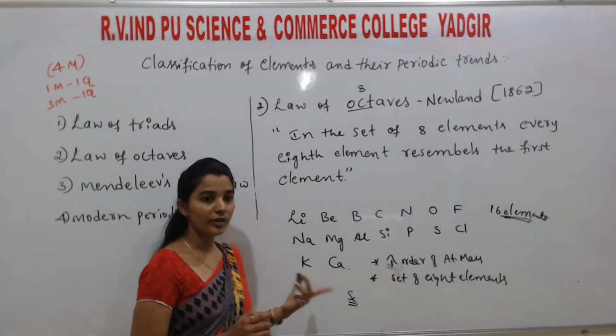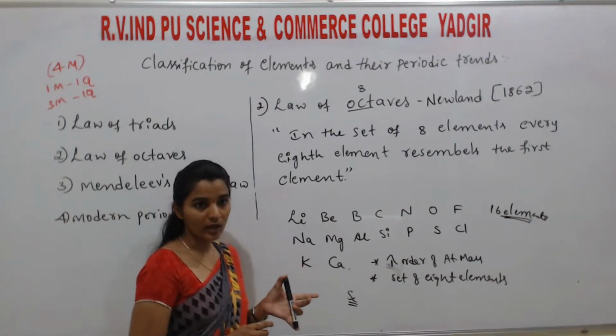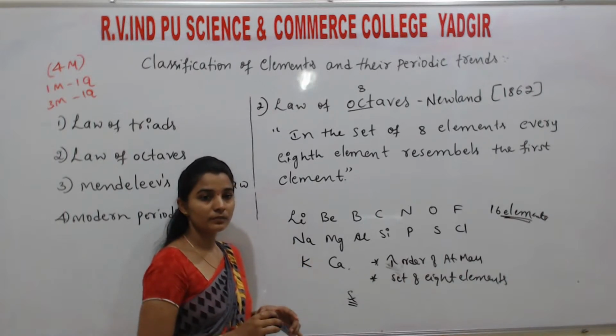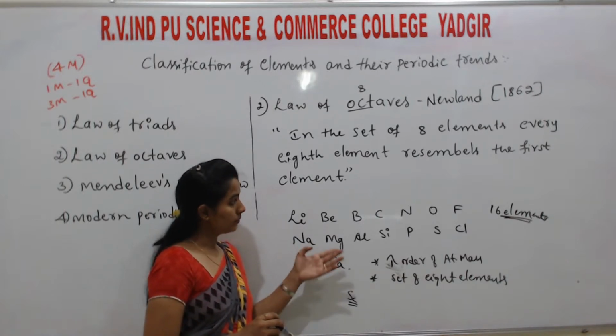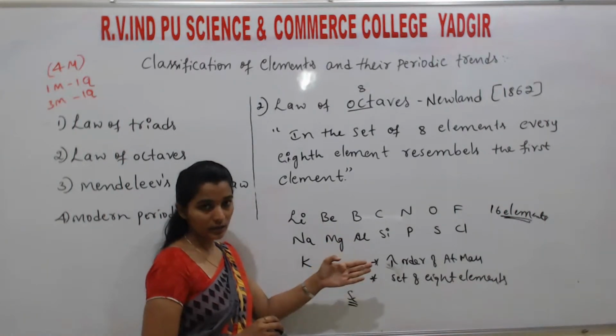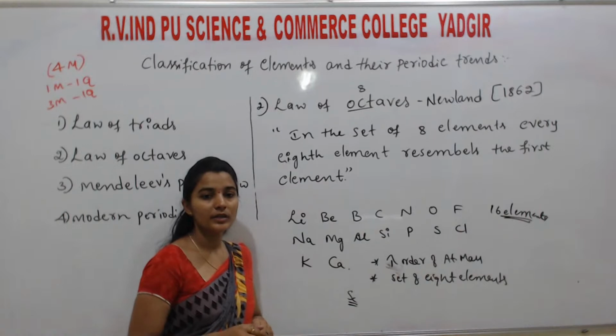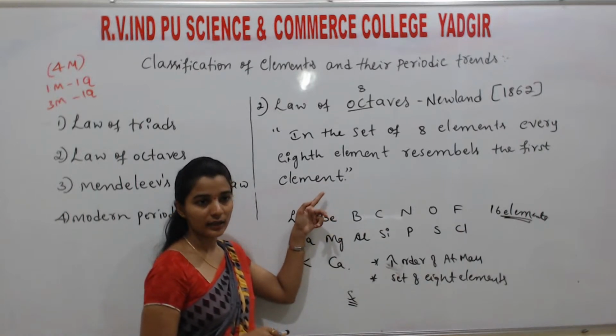So this law fails to explain the theory for the remaining elements. Understand? 63 is there, here 16 is there, nearly 40 plus elements fail to follow this theory.